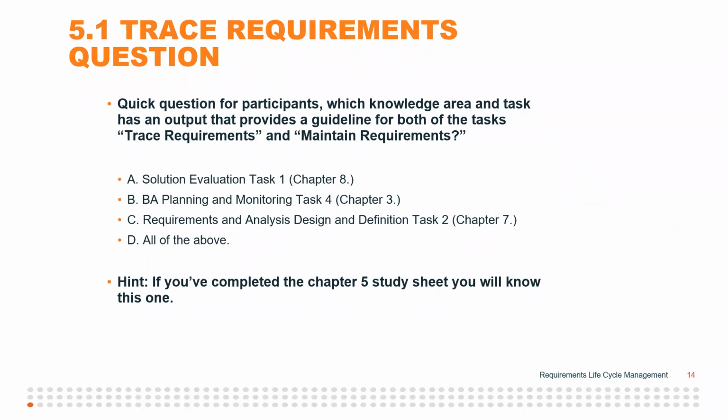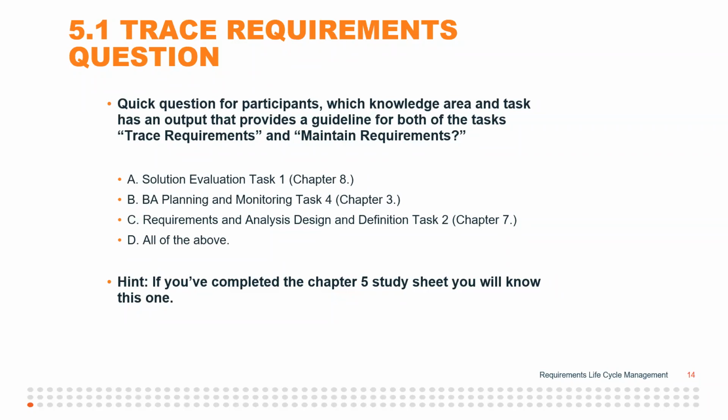So I've got a quick question for everyone. I'm sure everyone has read the chapter and probably did your study sheets too. Which knowledge area and task has an output that provides a guideline for both of the Chapter 5 tasks, trace requirements and maintain requirements? Here are the answers to choose from.